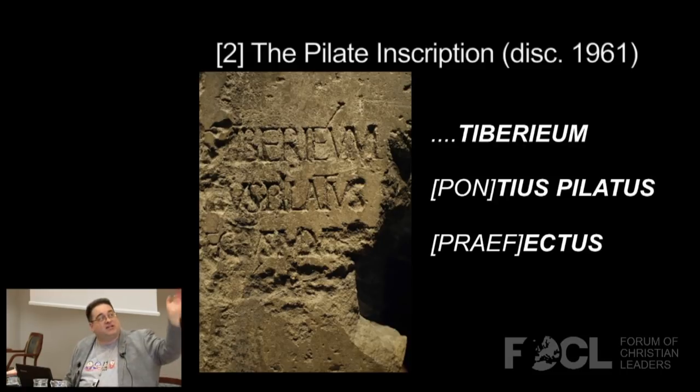Some of the lettering is missing, but you can basically work out what this bit of the inscription says, that it's talking about a Tiberium. The PON is missing, Tius Pilatus, and the second half of his title, Prefectus, prefect, governor, or prefect of wherever he was. And of course, you then look at where it was discovered as well.